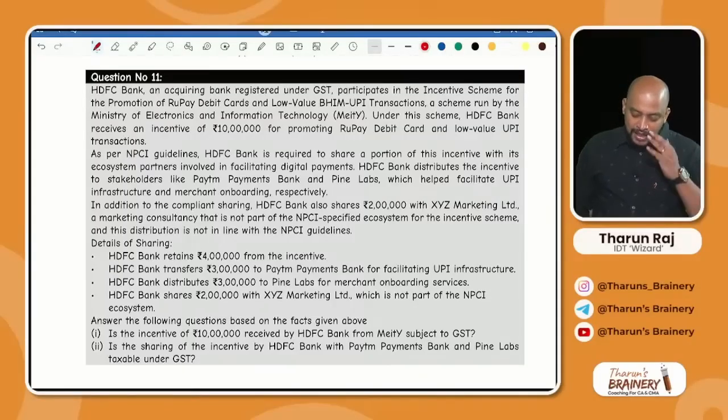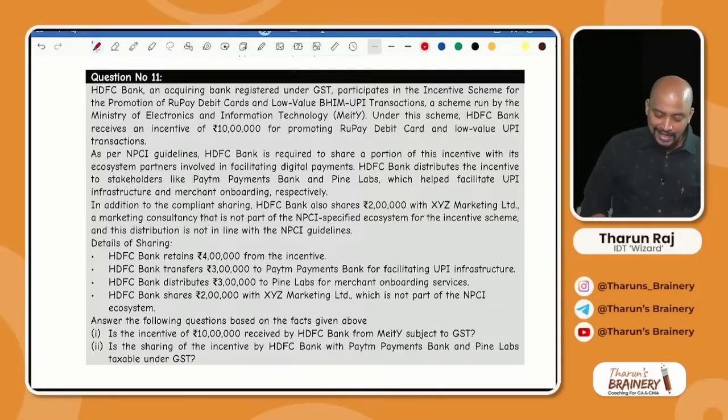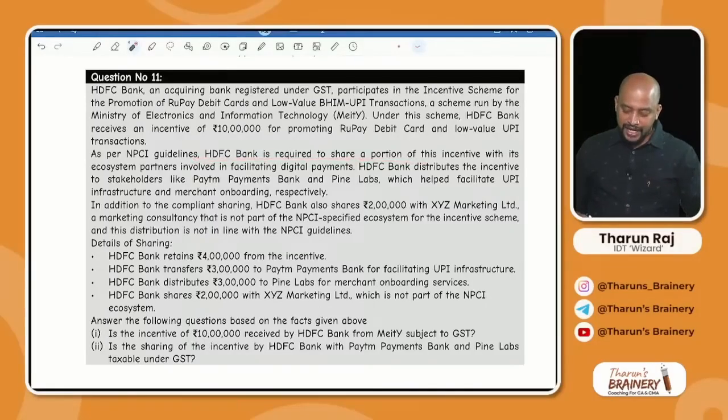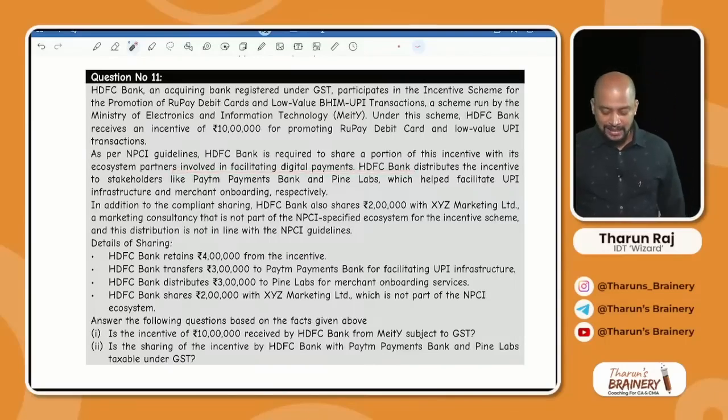Under this scheme, HDFC Bank receives an incentive of 10 lakhs for promoting RuPay debit card and low value UPI transactions. As per NPCI guidelines, HDFC Bank is required to share a portion of this incentive with its ecosystem partners involved in facilitating digital payments.